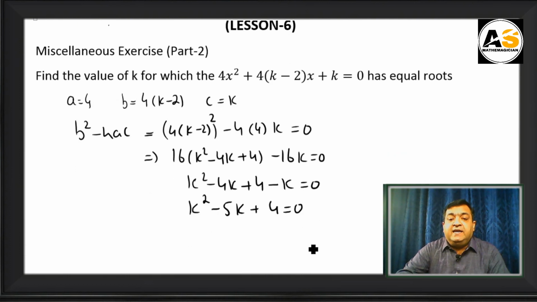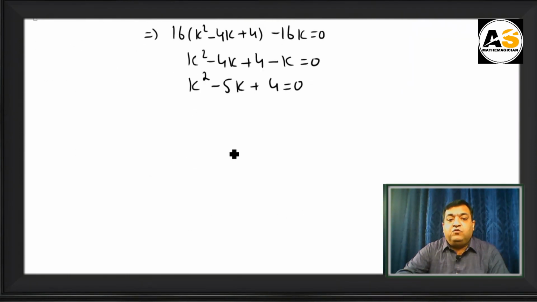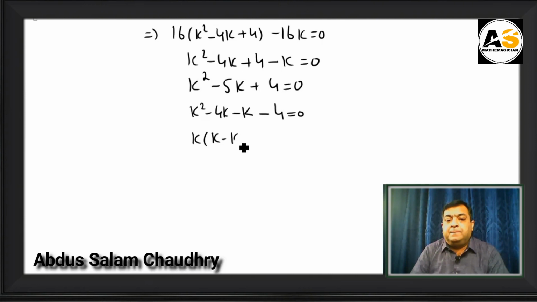This is again a quadratic equation. Now we have to find the values of k for which this equation is 0. So we will solve this quadratic equation by splitting the middle term. Minus 5k will be minus 4k minus k. Taking out k out of first two terms and minus 1 out of next two terms.